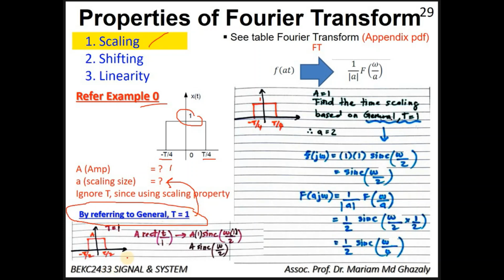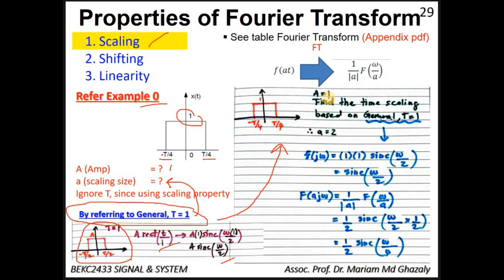So if you have T equal to 1, then the signal looks like this. You have a period from minus tau over 2 to tau over 2. If you rewrite again, you have a rectangular t over 1, so you have A sin omega over 2. Okay, let's jump to the next page here.